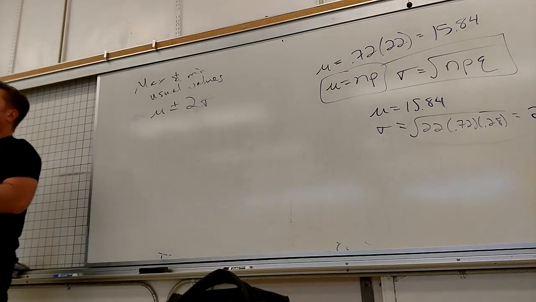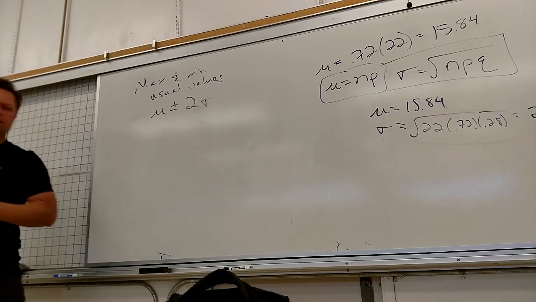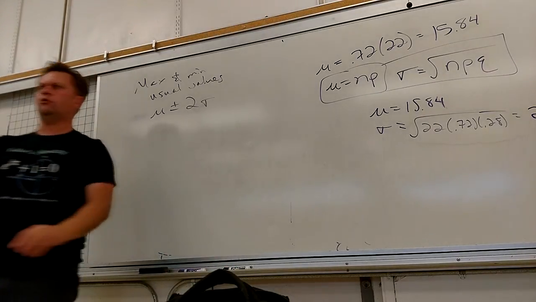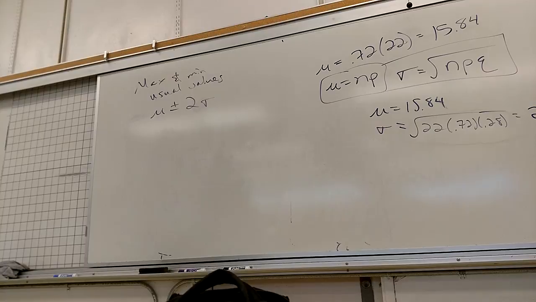So before today, if I said, if you flip a coin 100 times, would it be weird to get 60 heads? Would that be really weird? No. Would it be really weird to get 80 heads? Yes. Right? So somewhere in there, where exactly is the line I can draw?